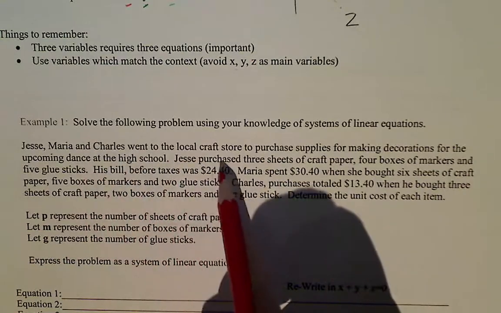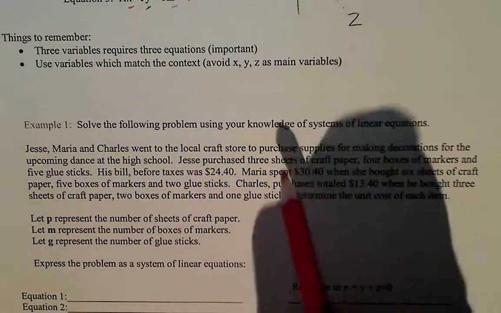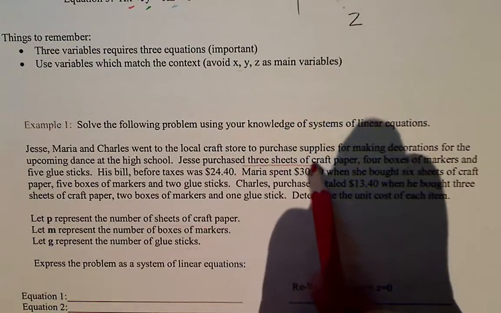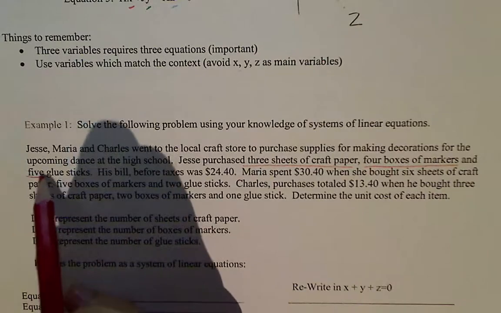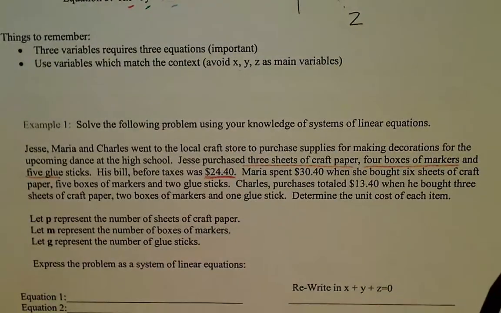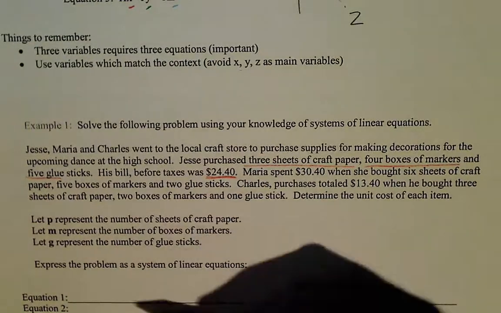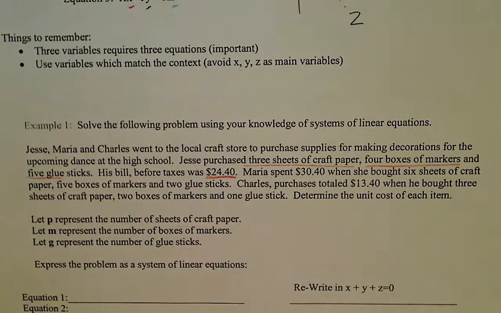As I read through, the first thing it says is that this person purchased 3 sheets of paper, 4 boxes of markers, and 5 glue sticks, and he paid $24.40. That's going to help me write this first equation.